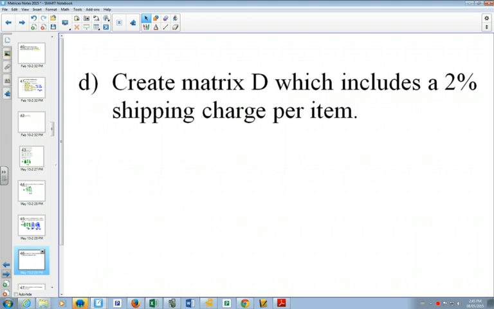So we could think about matrix D now. If we wanted to add 2% to each order, we could take matrix C, which was the total order and the total cost, and what would we have to multiply it by? 1.02. So now we're multiplying by a scalar in front.